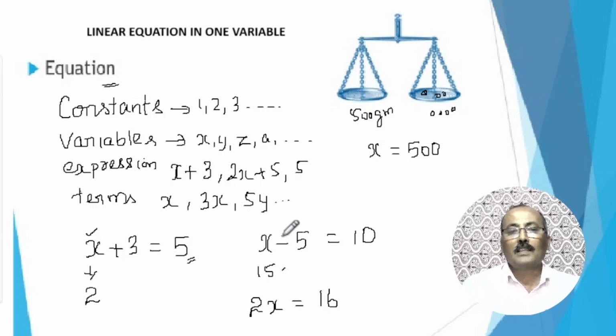Hence, we are going to find the value of the variable and check for that value whether both left hand side and right hand side are equal, and that is called an equation. Simply if you write x minus 5 equal to 10, it is an equation, and if you find the answer as x equal to 8, x equal to 2, x equal to 15 like that, that is called solving.